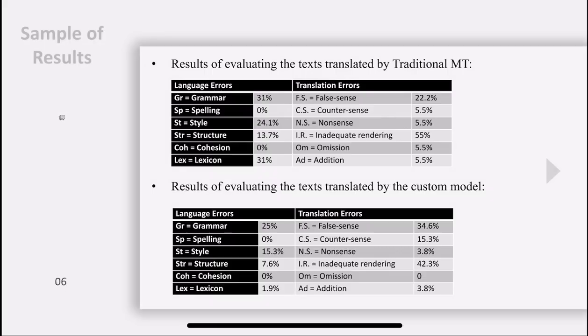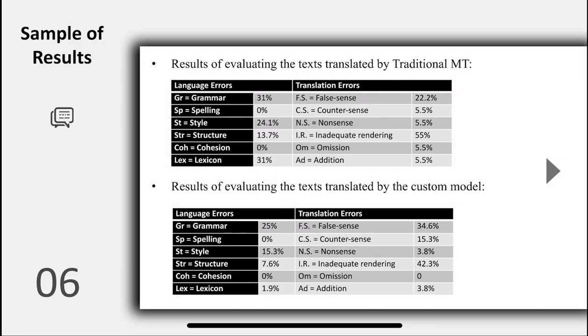So those are very positive results. Here is a sample of the results. If you can take a look at the first column to the left, where it says grammar, spelling, style, structure, and compare it to the table below, you would notice that the number of errors are much less.